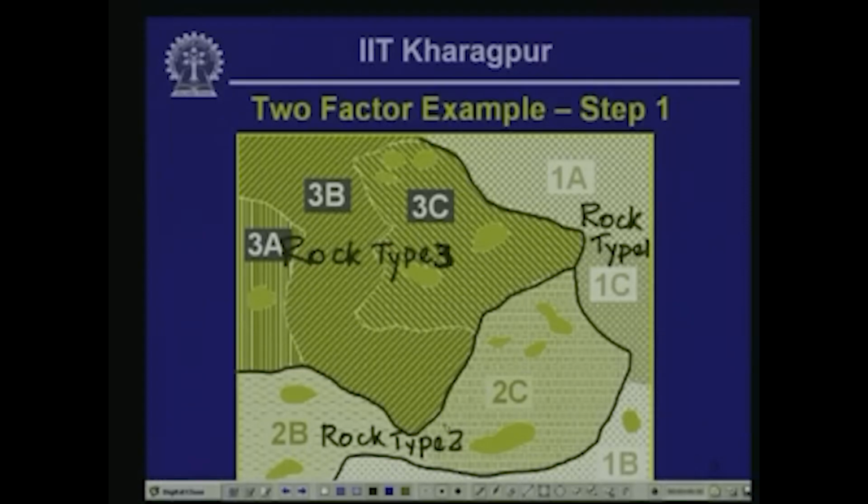That means the area has the flattest relief, or the slopes in the area underlain by 3A are the gentlest. 3B is steeper and 3C is steeper still. Similarly, 1A is the flattest area underlain by rock type 1, and 1C on the other hand is the steepest among the areas underlain by rock type 1, and similarly for rock type 2.